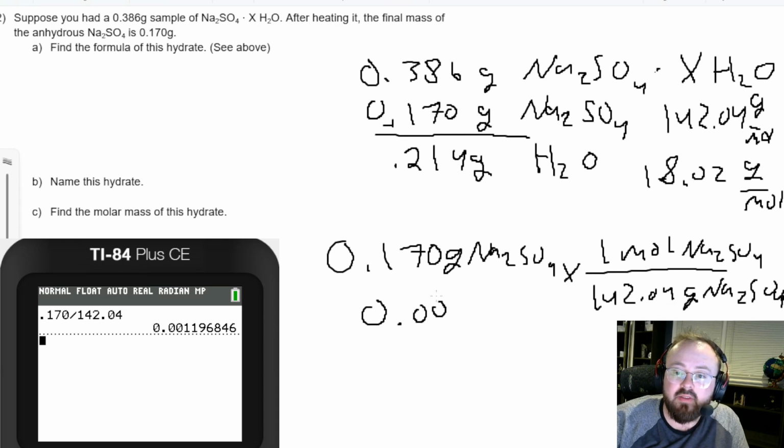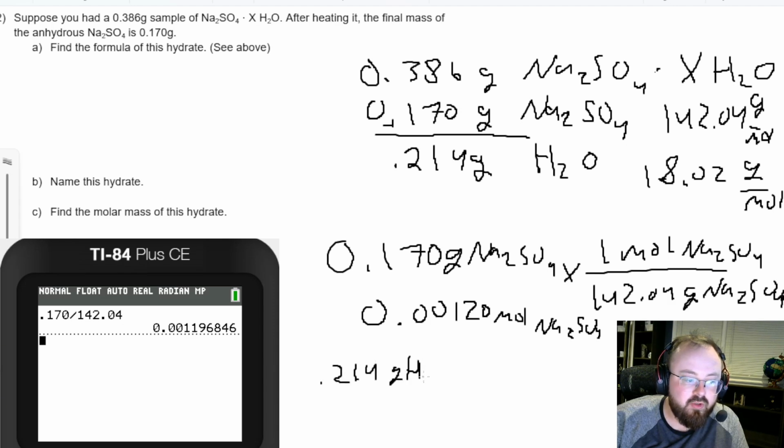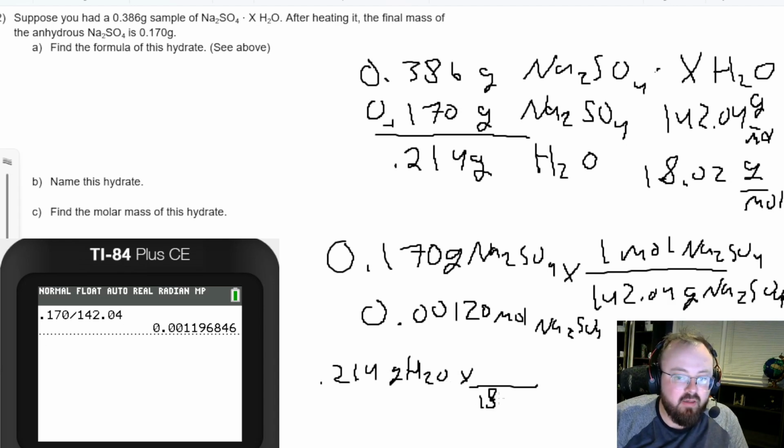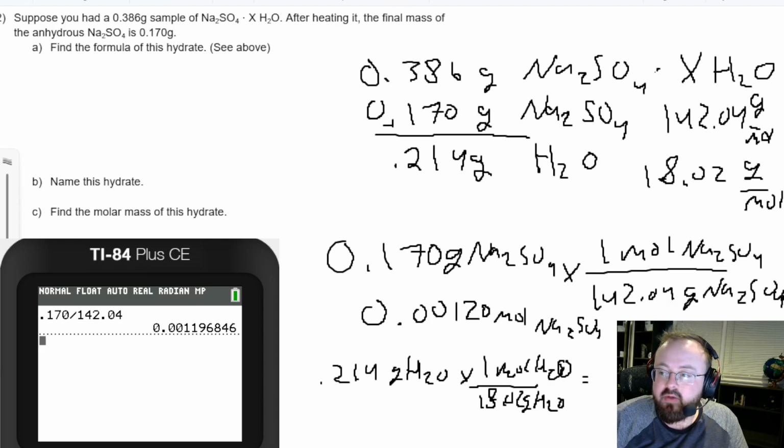We are ending up with 0.00. See, now we'll do sig figs here. We got 3 sig figs because we're going to be dividing this. 120 moles of Na2SO4, and let's squeeze in 0.214 grams of H2O times 18.02 grams of H2O, 1 mole of H2O, and we put this into our calculator, 0.214 by 18.02.